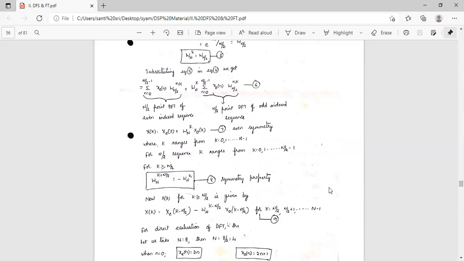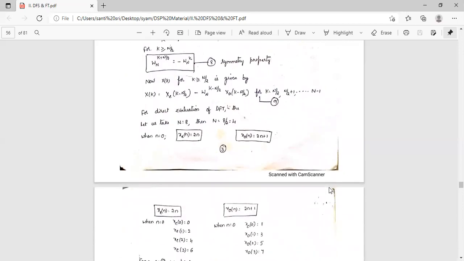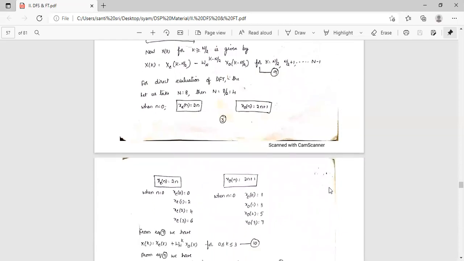For direct evaluation of the DFT, let us take N equal to 8. Then N by 2 is 8 by 2, that is 4. So when n equal to 0, then x_e of n equal to x of 2n, x_o of n equal to x of 2n plus 1. If n is 0, then x_e of 0 is x of 2 into 0, that is x of 0.